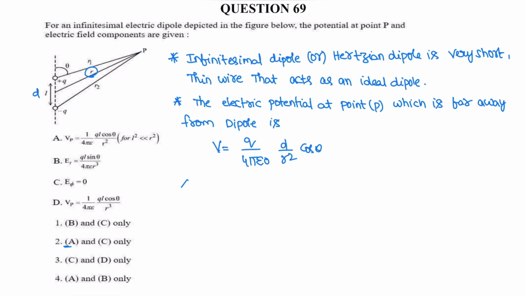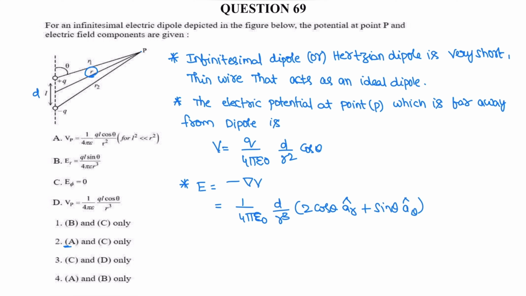We know that electric field and potential are related as E is equal to minus del V, the gradient of potential. So that is 1 by 4 pi epsilon naught, p by r cube, into 2 cos theta a r cap, plus sin theta a theta cap.